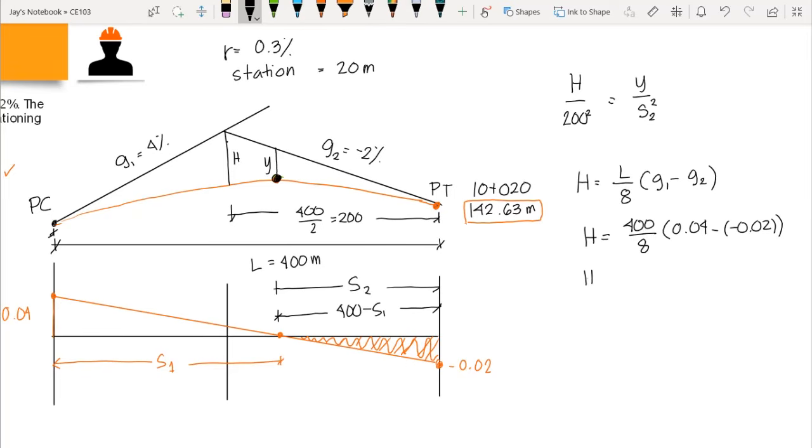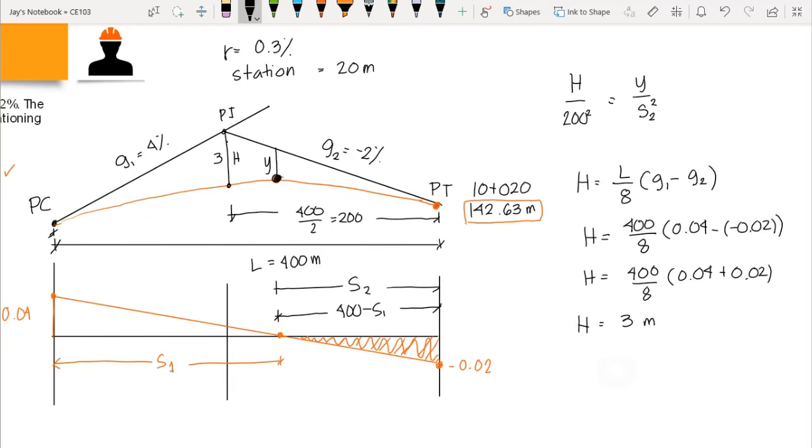So we have h is equal to 400 over 8 times 0.04 plus 0.02. And this would give us h equals to 3. Okay, so we have 3 meters from PI to the curve. Okay, this is 3 meters.